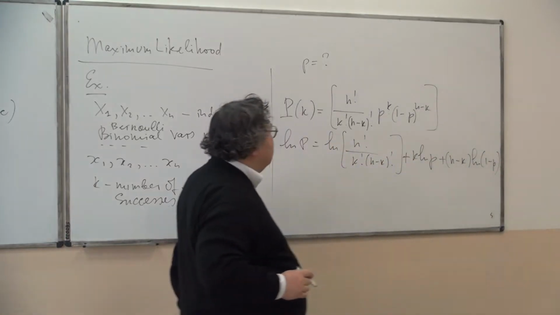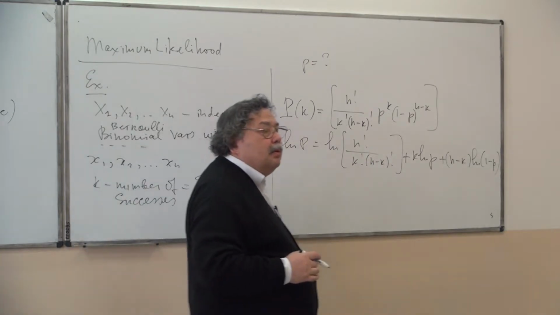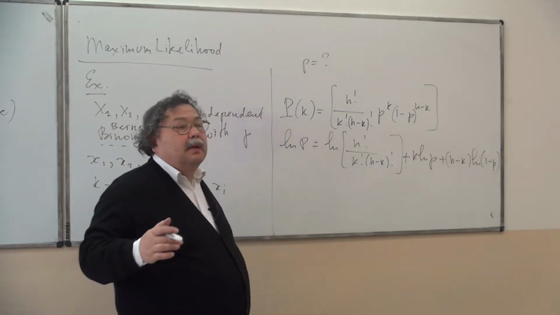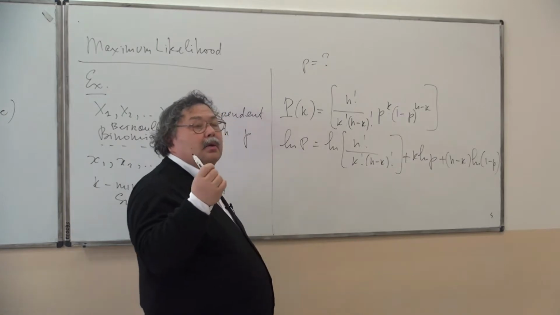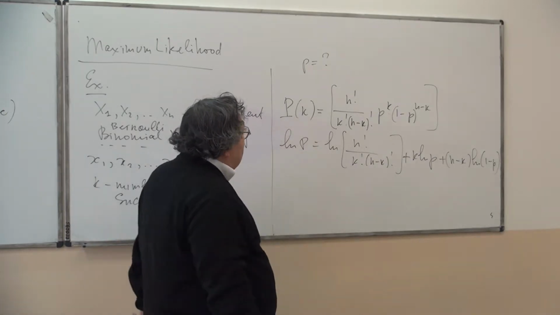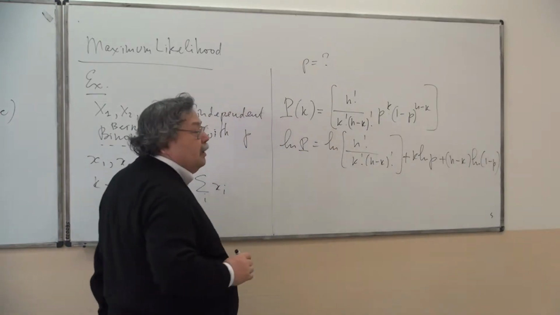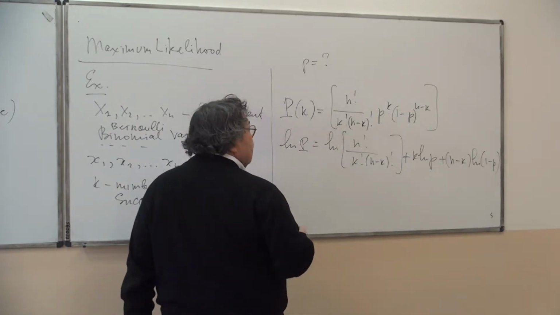So I just take the natural logarithm of each side. It's a technical thing. It's just more convenient this way. Because logarithm is an increasing function, the maximum of this function occurs at the same point as the maximum of this function. All right, and taking the derivative with respect to this little p, we get this.